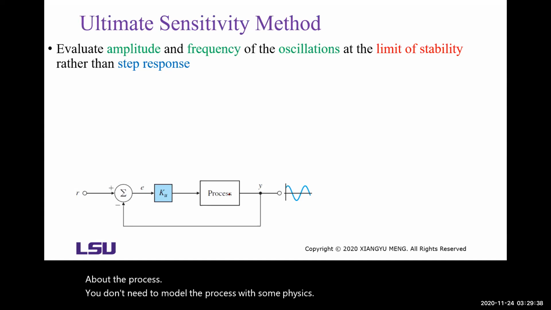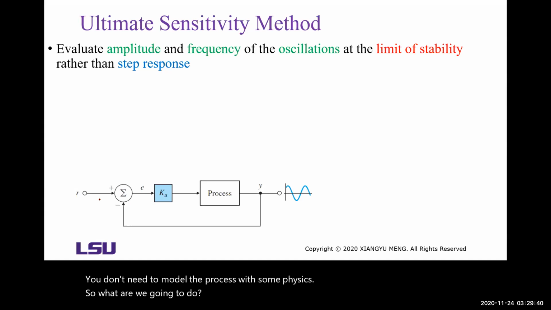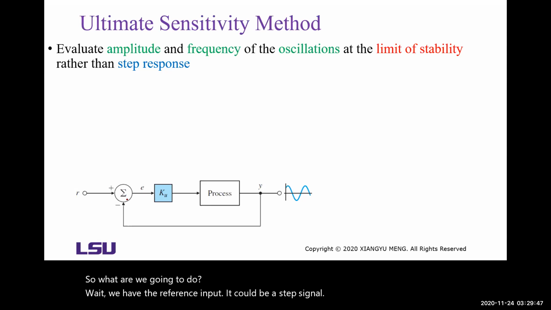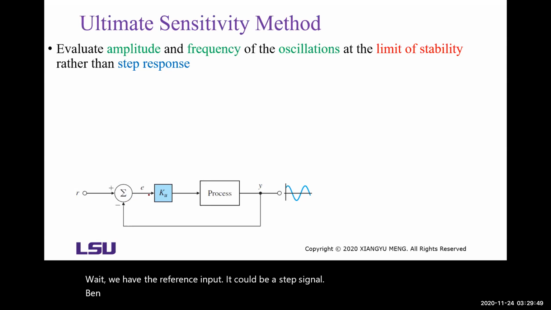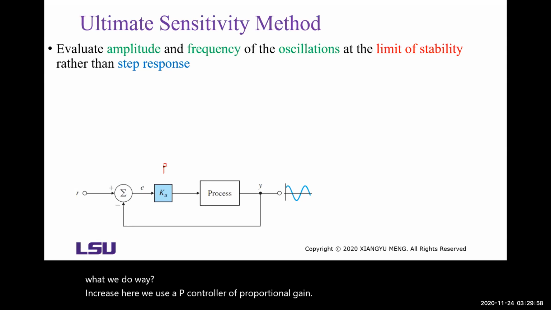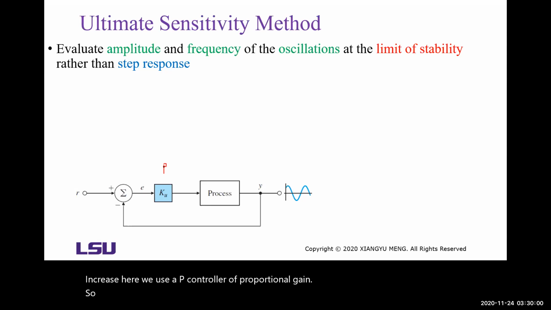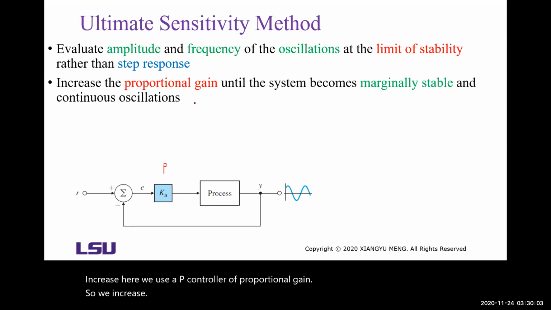So what are we going to do? We have the reference input. It could be a step signal. Then we use a P controller, a proportional gain. We increase the proportional gain until the system becomes marginally stable.